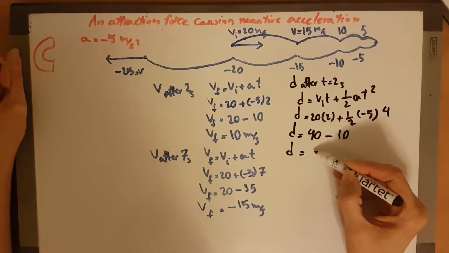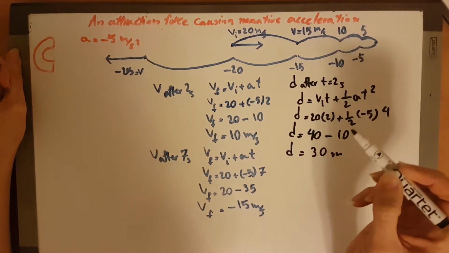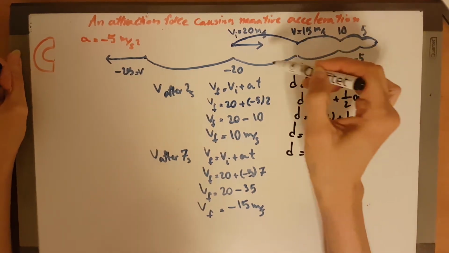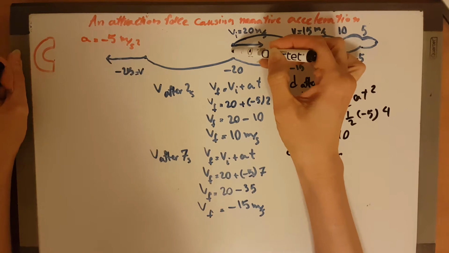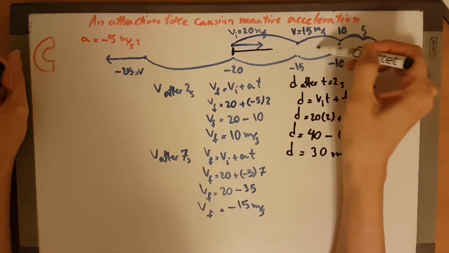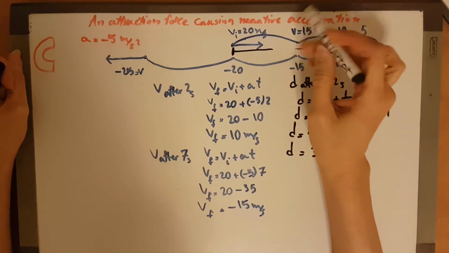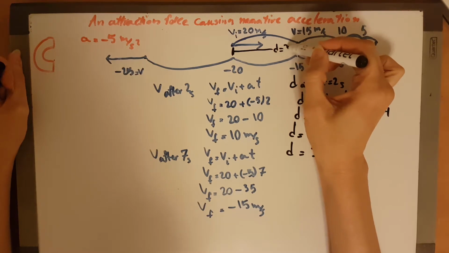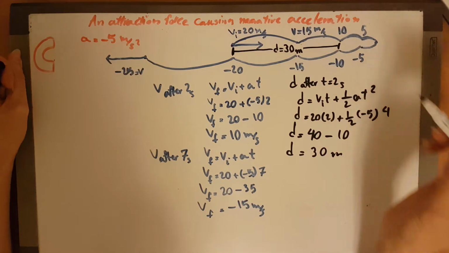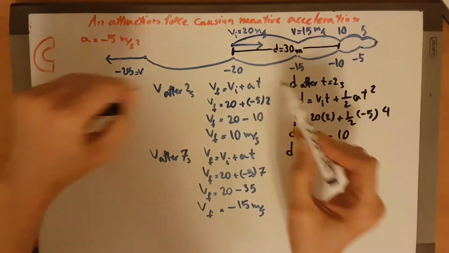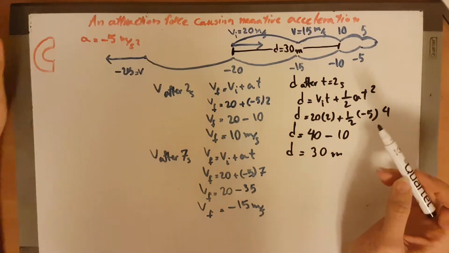Displacement would actually be 30 meters. So from here to here in 2 seconds, the displacement would be 30 meters from the origin after 2 seconds.